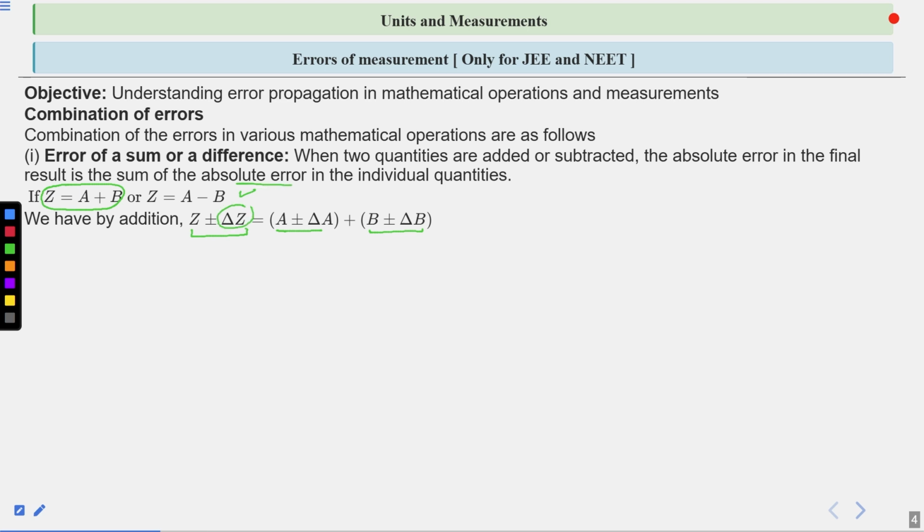Delta Z is the absolute error here. Similarly, delta A is the absolute error and delta B is the absolute error.